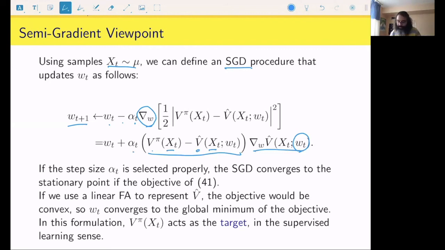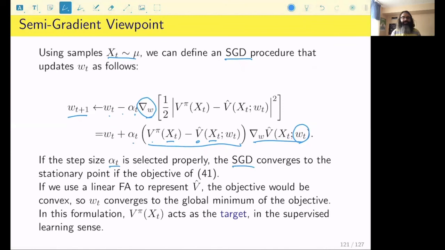And if the α_t's are selected properly, then stochastic gradient descent converges to a stationary point of the loss function. If we use a linear function approximation, the loss function becomes convex.